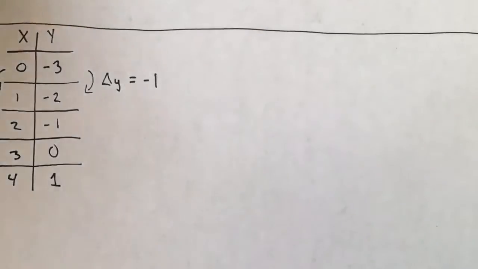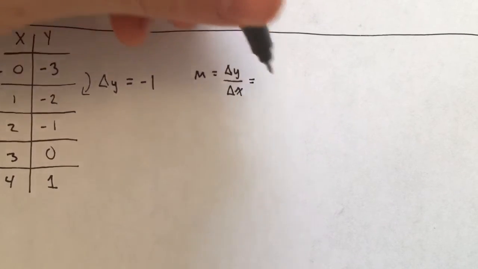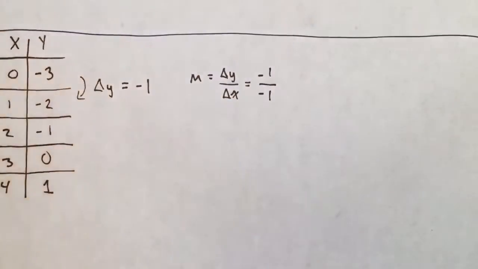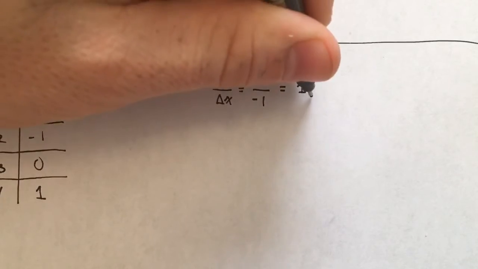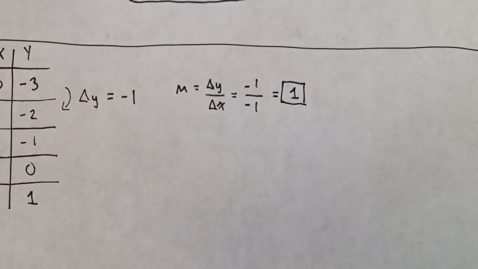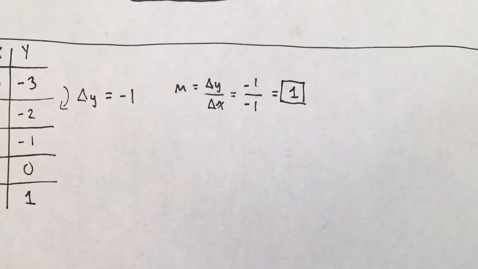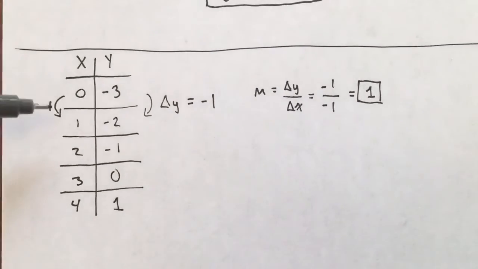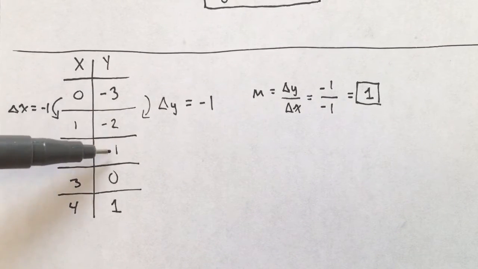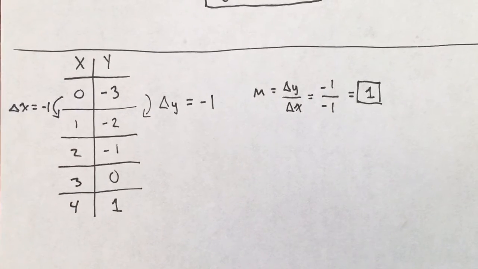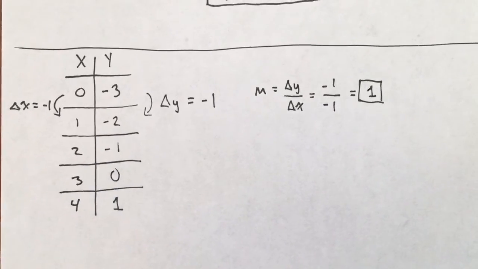So m is equal to delta y over delta x, which is the same thing as -1 divided by -1. A negative divided by a negative is a positive, so our slope value is going to be positive. If you remember, positive slopes mean increasing lines. And if you look at your table, that makes sense, because as we increase our x values, we see that our y value increases by 1 every single time. So our math is consistent with the concept.